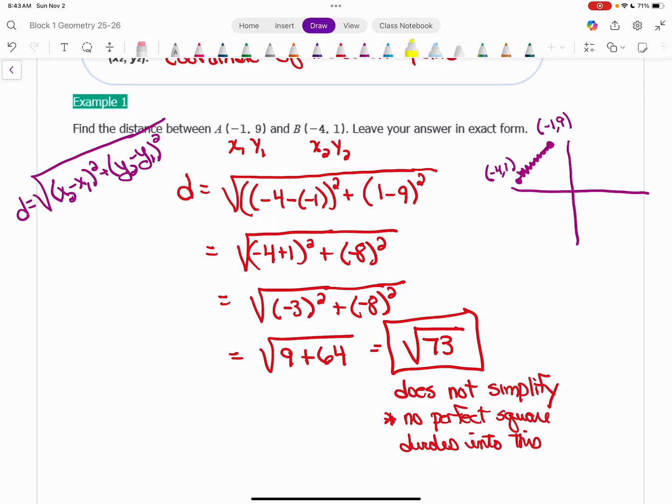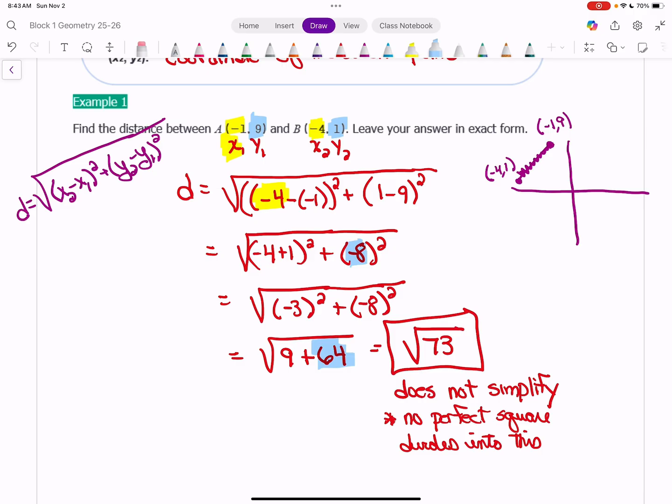As you can see, I took x2 minus x1 and squared it, and then y2 minus y1 and squared it. Notice, even if you get a negative on the inside, it's always going to end up being positive because a negative squared is a positive. You're going to most likely end up with a radical answer. It doesn't simplify. There's no perfect squares that divide into this.